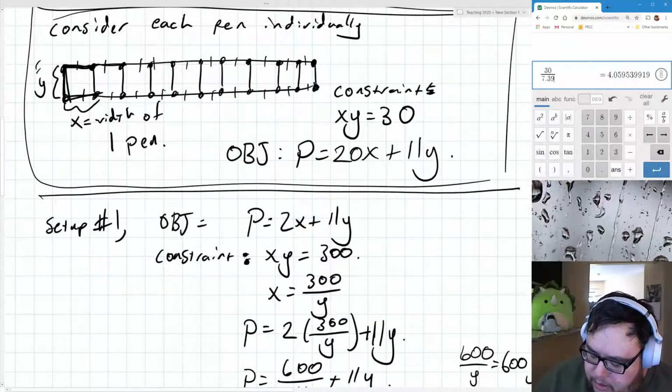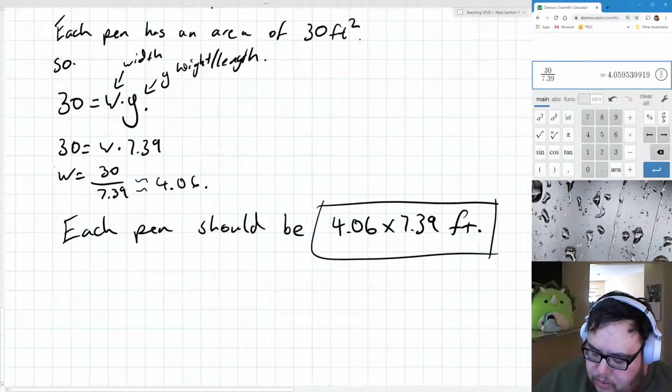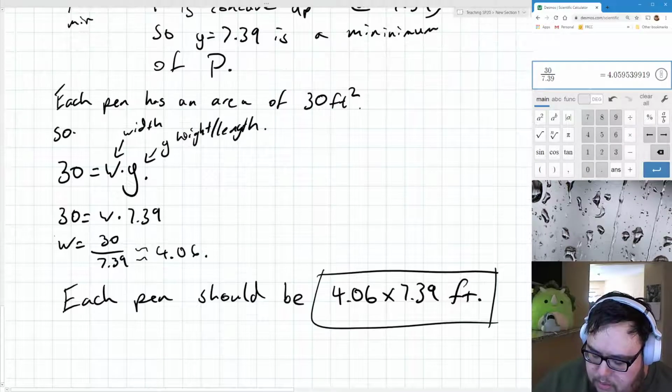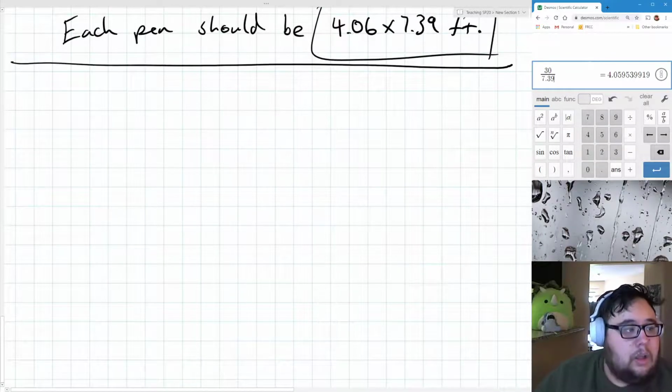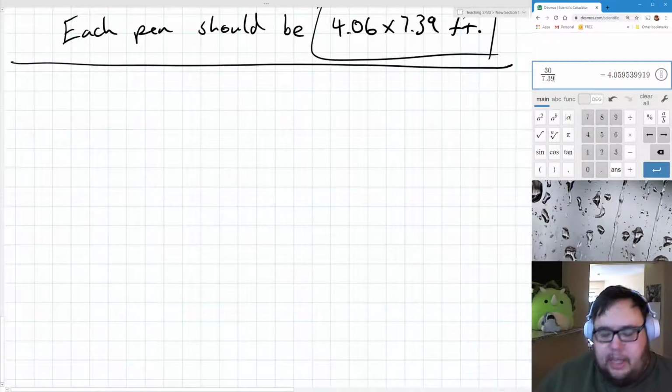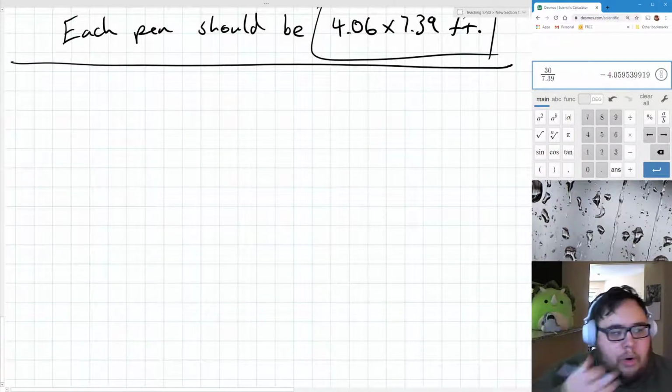Okay, if there aren't any other questions, I would like to do one more problem. So this problem has to do with a piece of paper, or a poster actually.